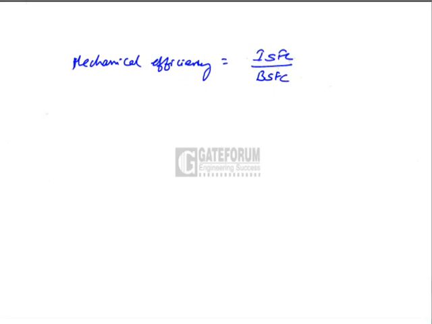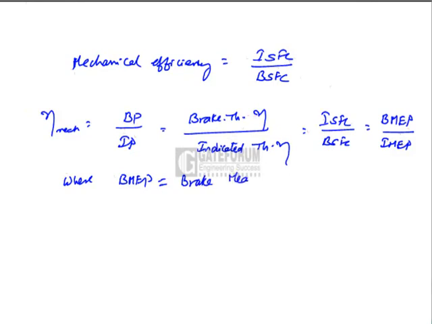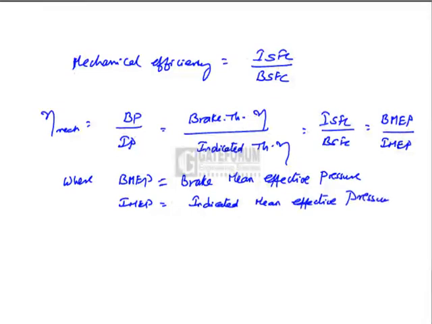Now the mechanical efficiency has totally different formats: BP by IP, brake thermal efficiency divided by indicated thermal efficiency, and ISFC divided by BSFC, and it can have another format, that is BMEP by IMEP, where BMEP is brake mean effective pressure, and IMEP is indicated mean effective pressure.